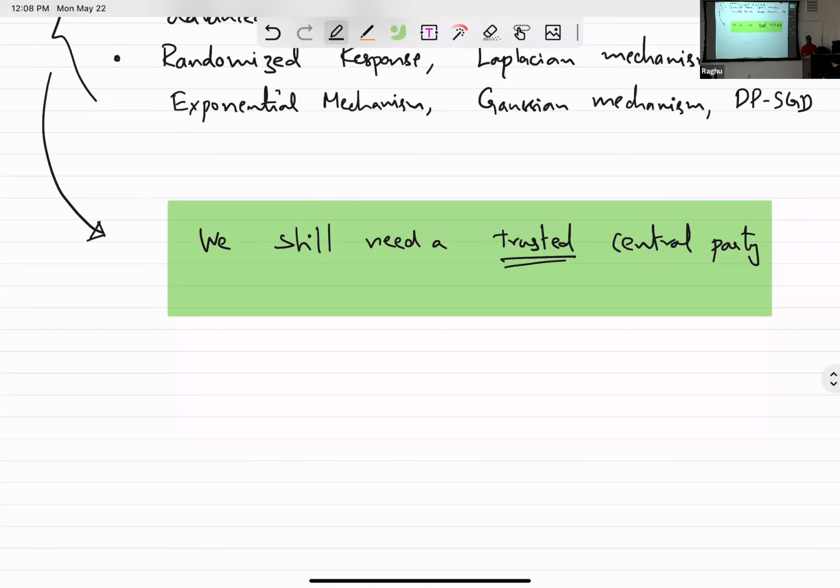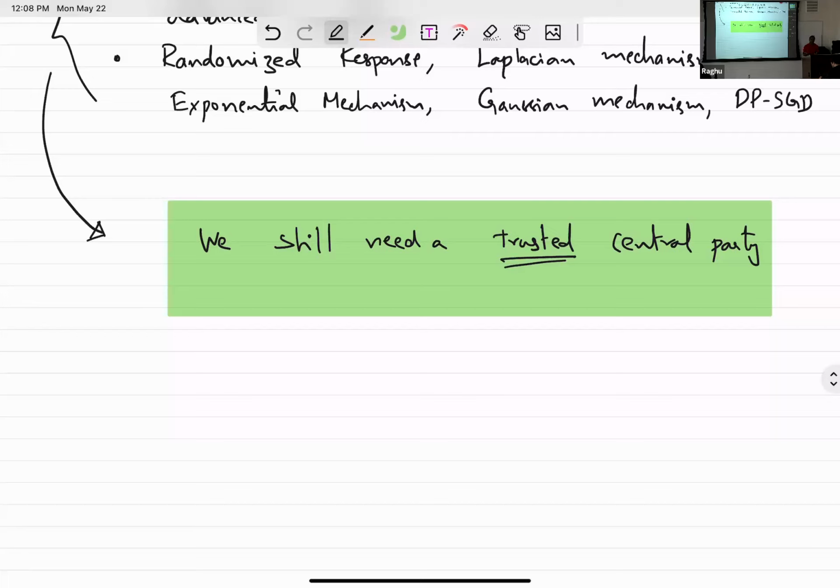For some applications, it's very good. Like if you're a hospital or a person doing a study, maybe it's okay. But if you're collecting data from millions and millions of phones, maybe it's not that good, okay?